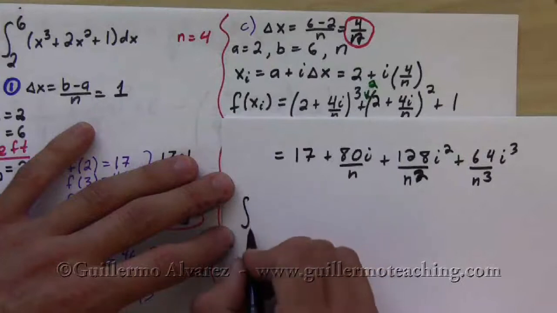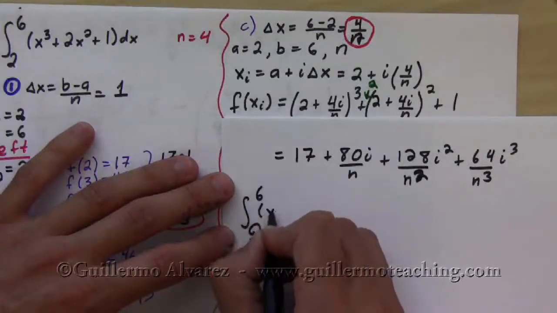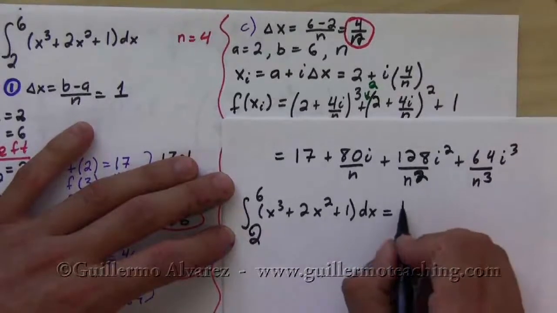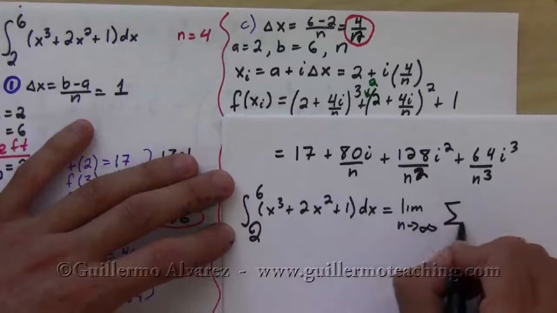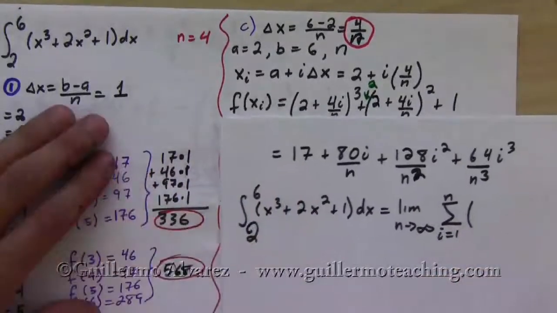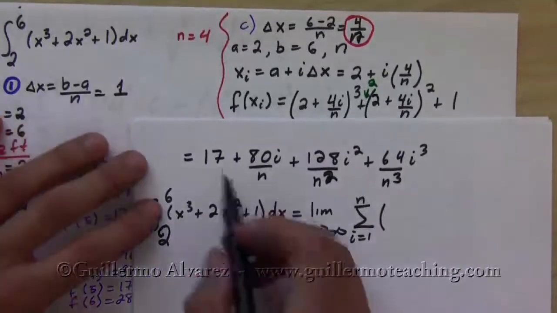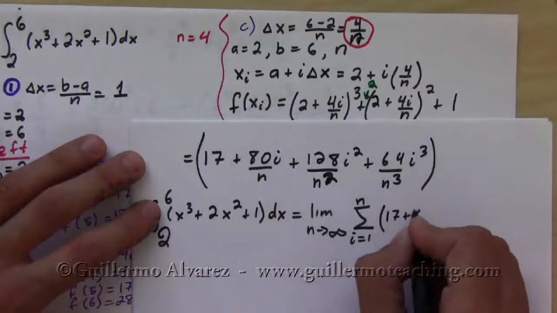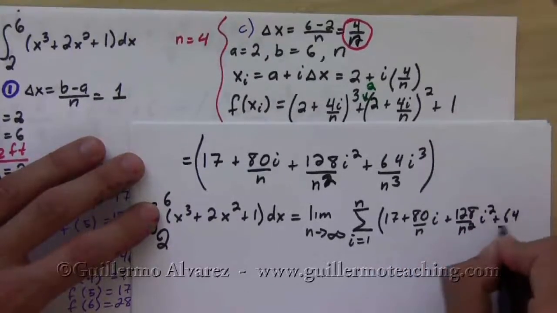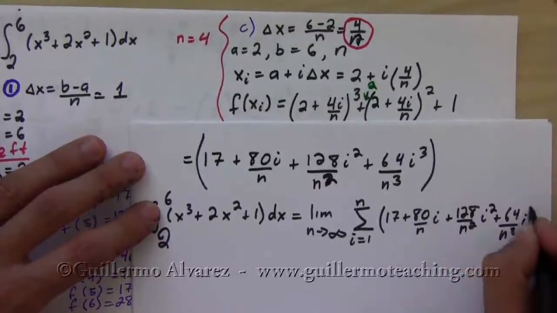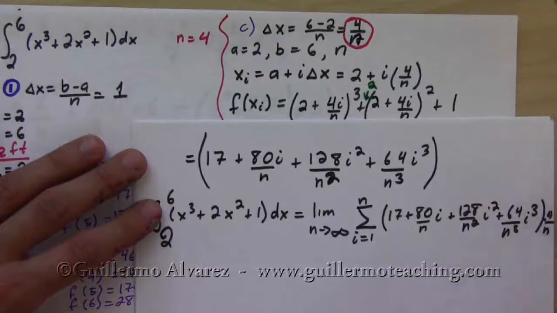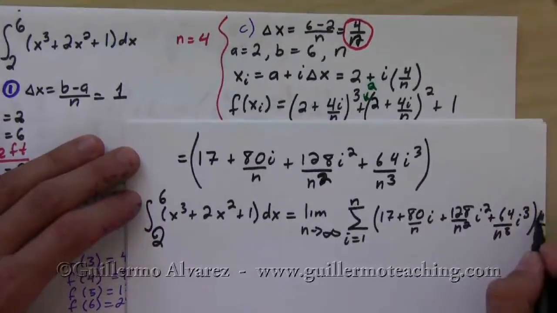So then I can say that the integral between 2 and 6 of x cubed plus 2x squared plus 1 dx is going to equal the limit as n goes to infinity of the sum from 1 to n of f of x sub i, which is all this stuff that I have right here: 17 plus 80 over n i plus 128 over n squared i squared plus 64 over n cubed i cubed, times 4 over n. Sorry about that, I ran out of room.